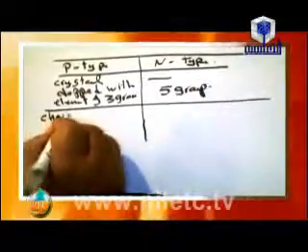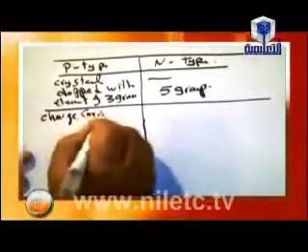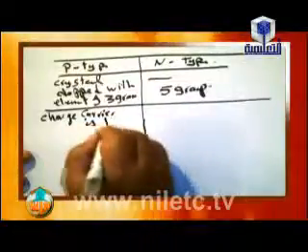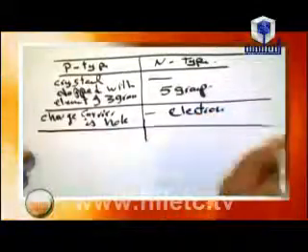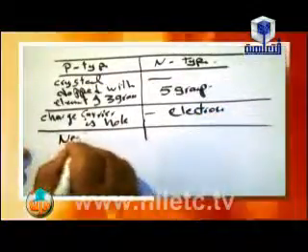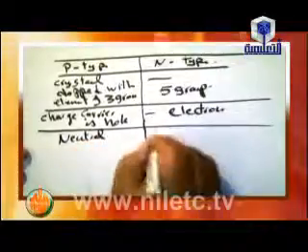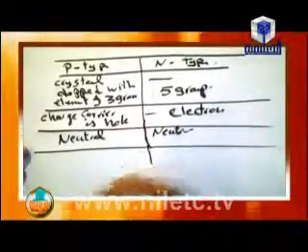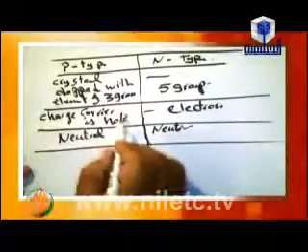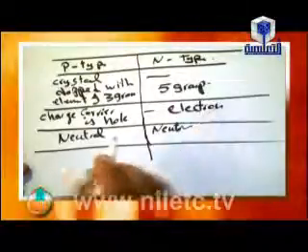In P-type, the charge carrier is hole, and in N-type, electron. Both of them are neutral, and both of them are good conductors. The charge carrier is hole in one, and the charge carrier is electron in the other.